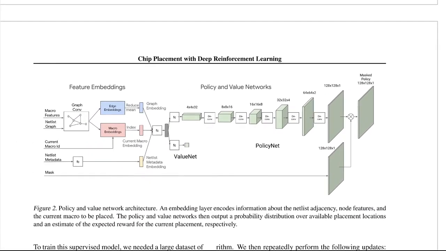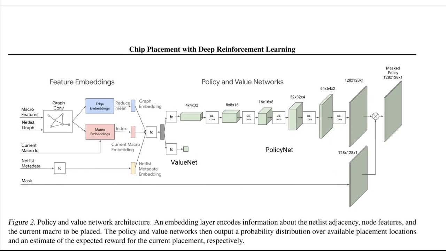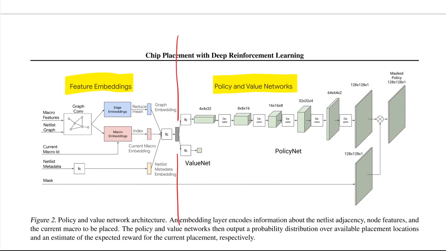All right, so here is how the model looks from a deep RL perspective. Now, there's two parts to this model. You can divide it about here. On the right, you have your policy and value networks, and on the left, the feature embeddings. In reinforcement learning, and we won't go much into reinforcement learning now, what you need is a way to encode the state.